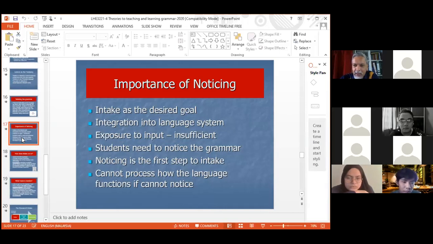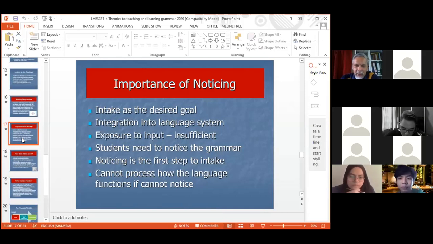And at the same time, if you're just making sense of the input, that too may not be sufficient, because if you want to focus on grammar, you have to make sure that they notice the grammar. So you have to have some kind of strategy where grammar is given some sort of focus. Okay, so this is the issue.